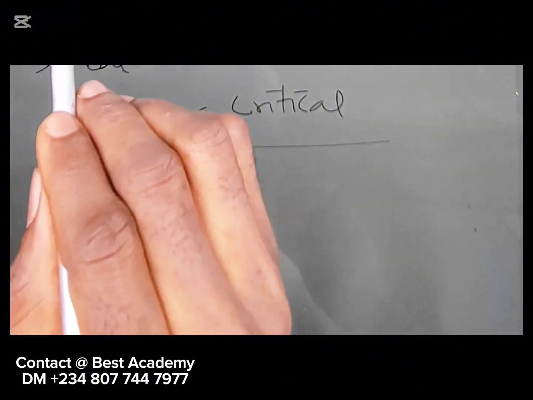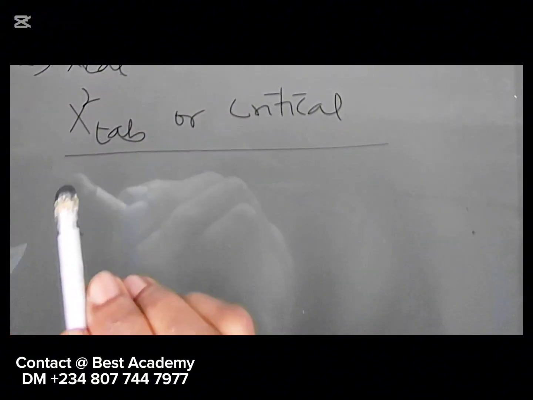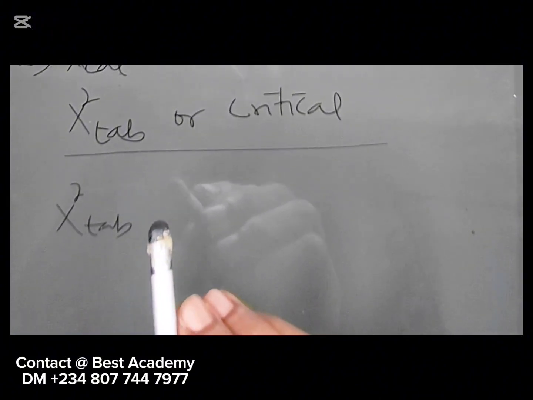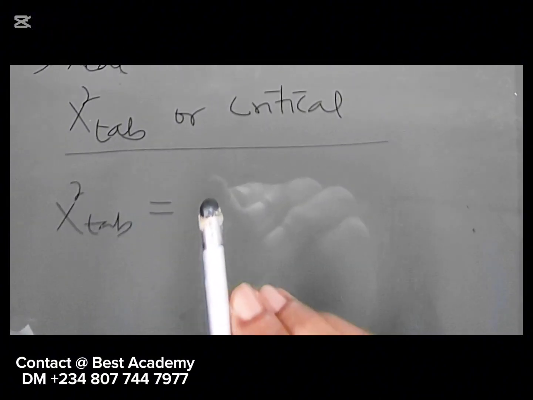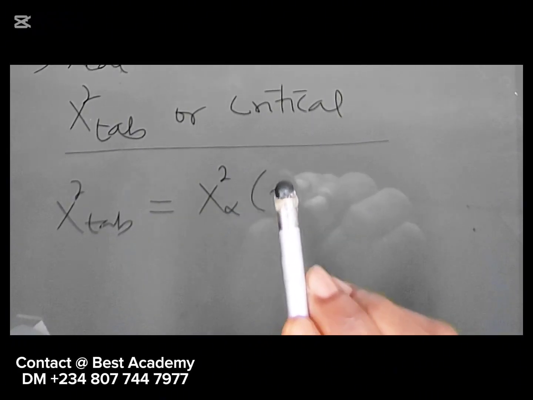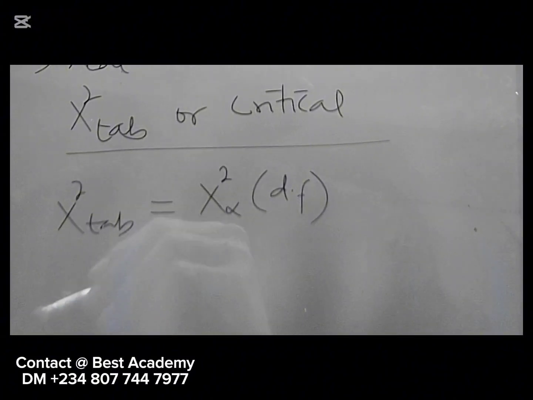The format to calculate chi-square tab is this: chi-square tab is equal to chi-square of alpha, degree of freedom. Please take note. That is, χ² alpha, df.